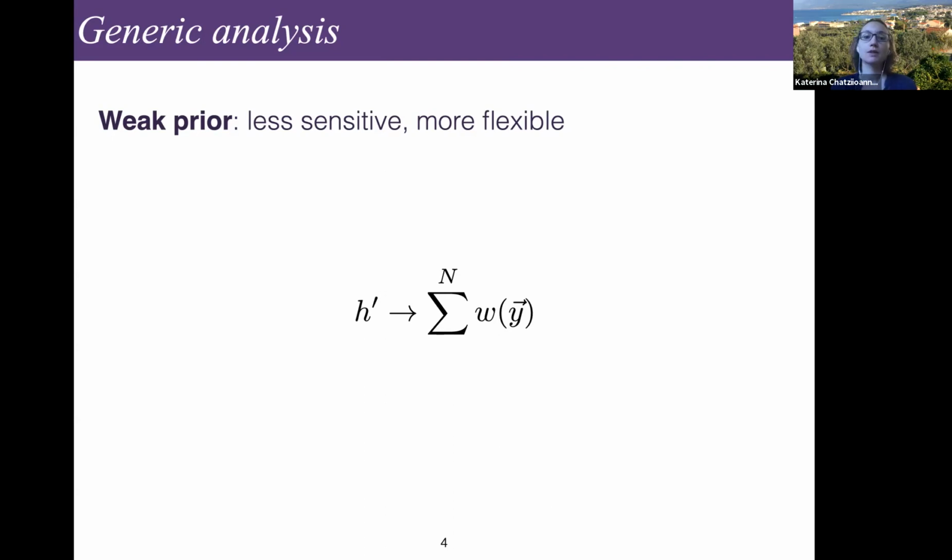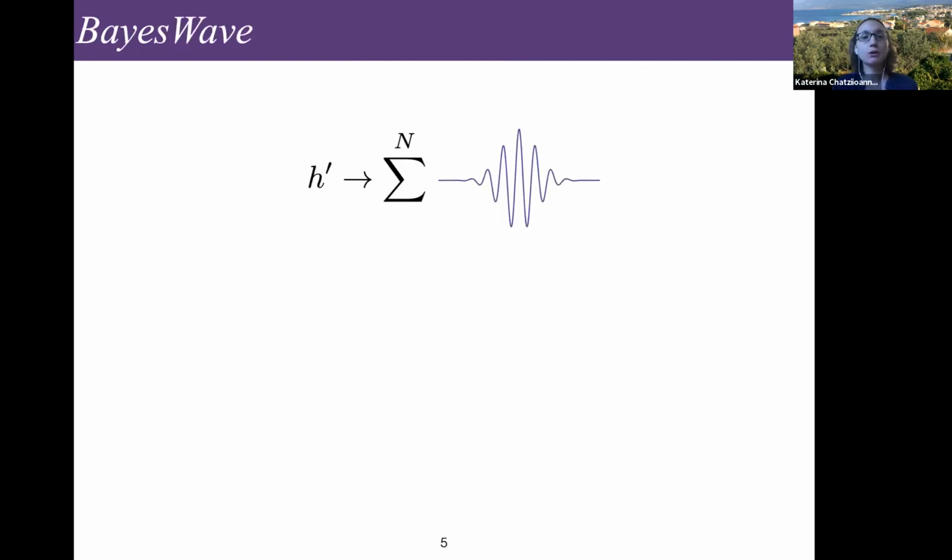So in this case, for example, what you can do is H, your model for your data, could be some sum of some basis functions W. There are different ways to pick W, and different types of basis functions make for different analyses, but what I will be talking about is a specific choice in an algorithm called BayesWave, where the basis functions are sine-Gaussian wavelets.